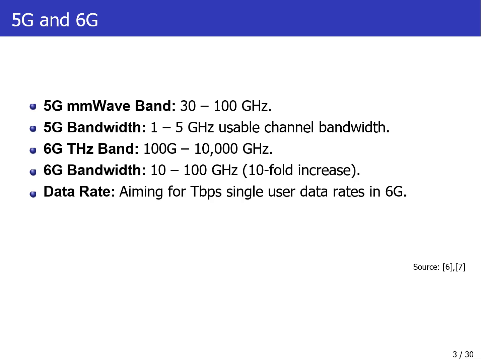Now, when it comes to the terahertz band, it extends from 100 gigahertz to 10,000 gigahertz, and bandwidth is from 10 to 100 gigahertz. That is tenfold, 10 times the 5G wave band. So with this, we are aiming to get terabit per second single user data rates in 6G.